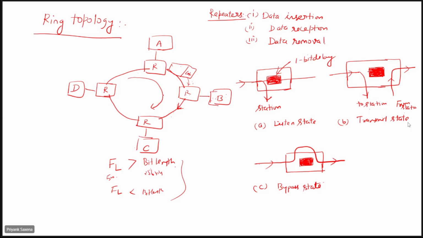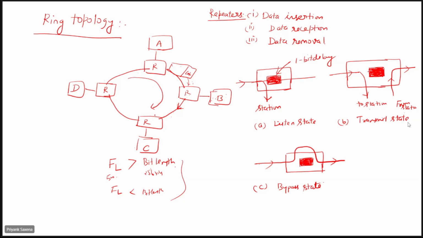Another advantage of ring is that fault isolation is easier as compared to bus and tree, because here one particular station failure can be identified.